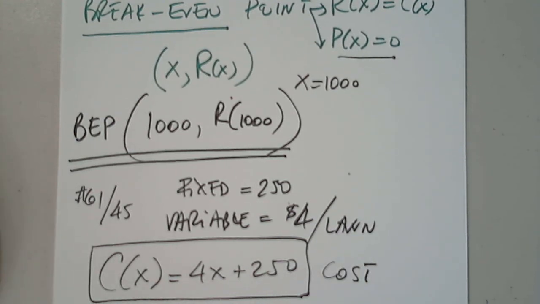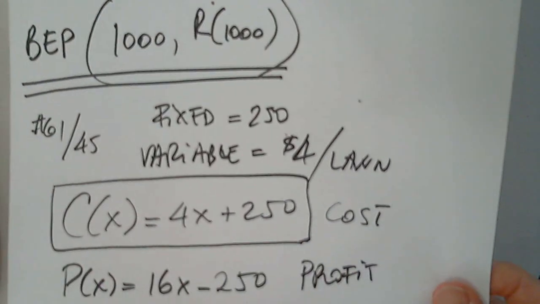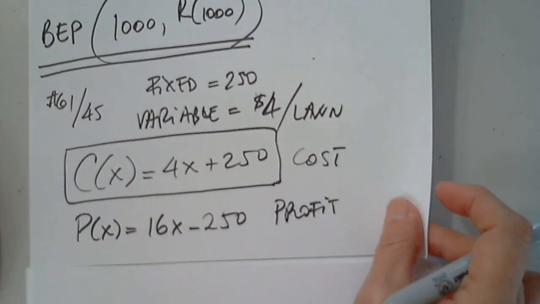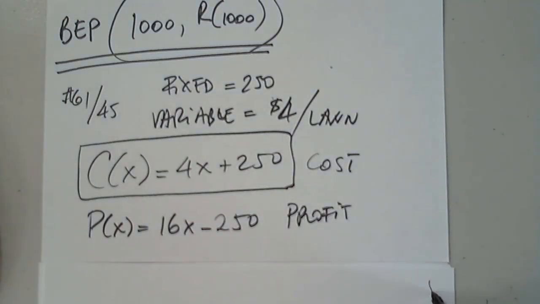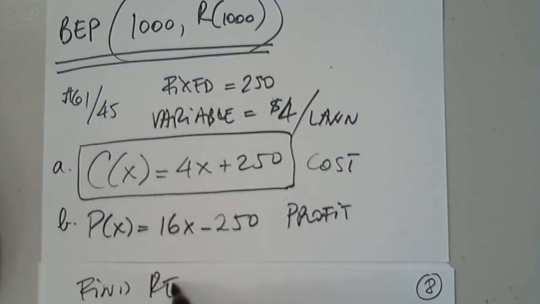We have the profit. What is the relationship between cost, profit, and revenue? Because we are asked to find the revenue. So this is part A and this is part B. Find the revenue function first. So what is the relationship?